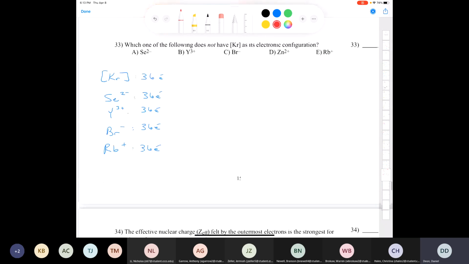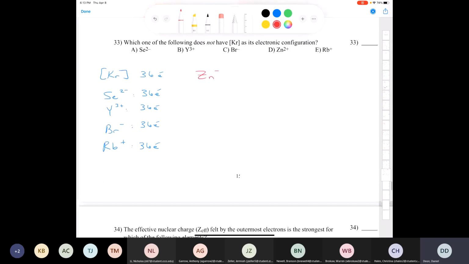However, if I have zinc with a 2+ charge, zinc is element number 30. Remember that zinc has an outer electron configuration of 4s2 3d10. So it would just be 3d10 because it would lose the 4s electrons first.